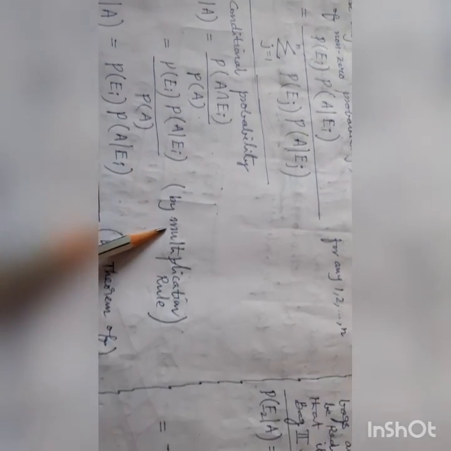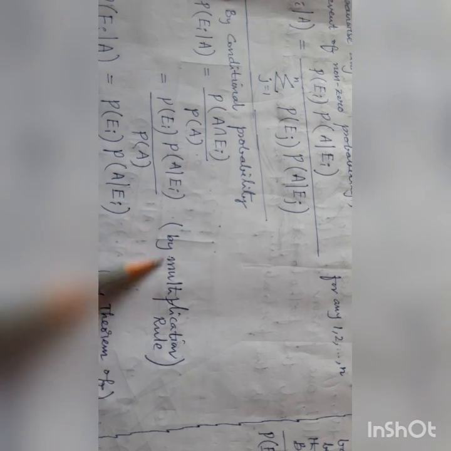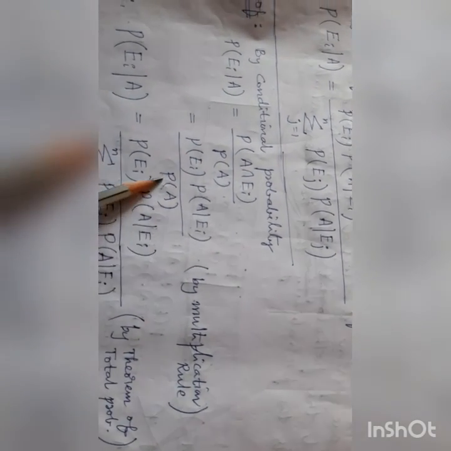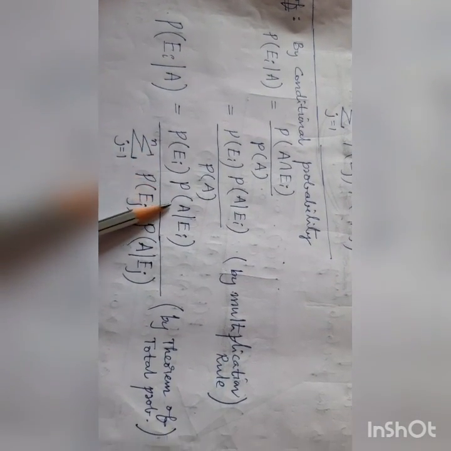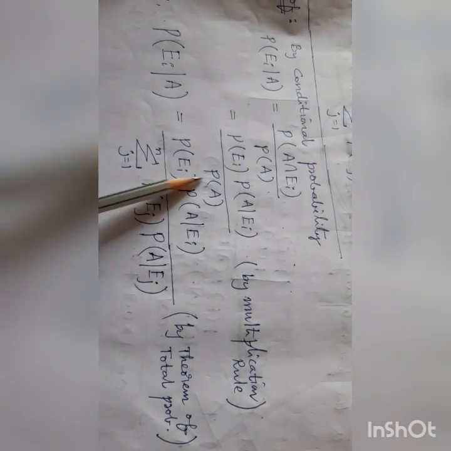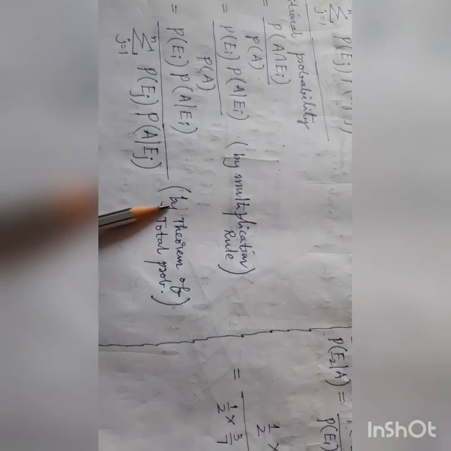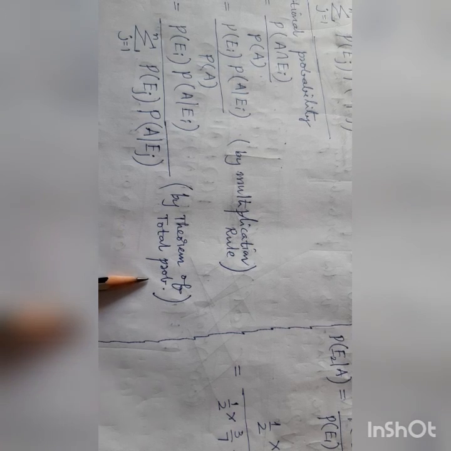This is called the multiplication rule. You have to mention these things. Then whole by P of A, which can be written like this by the theorem of total probability.